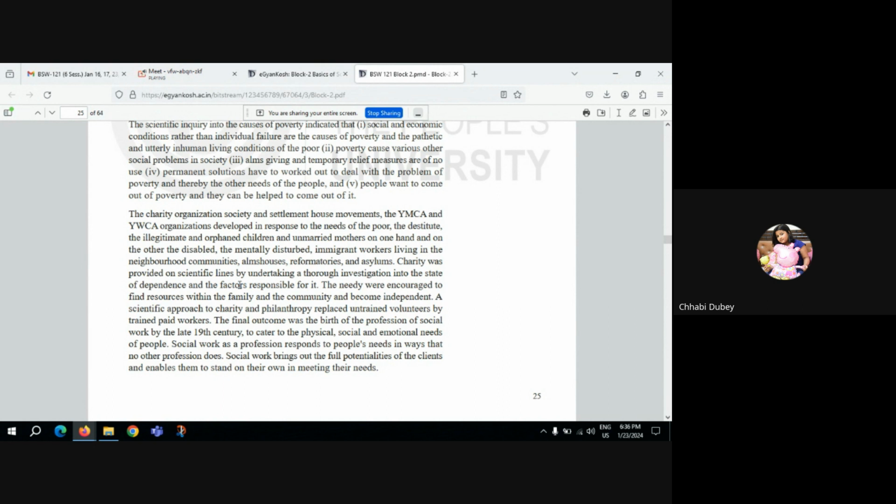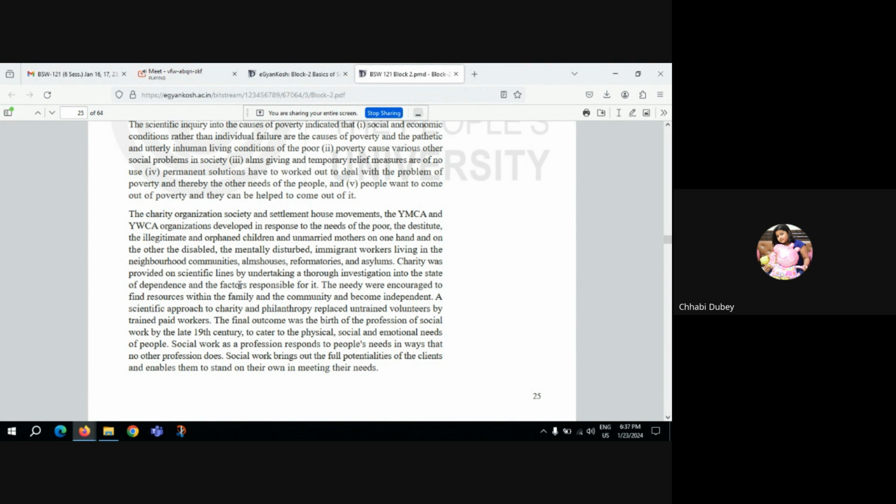So this scientific approach to charity and philanthropy replaced the earlier approach of having untrained volunteers, who were then replaced by trained paid workers. The final outcome of this process was the emergence of professional social work in the late 19th century, basically to cater to the physical, social, and emotional needs of the people.